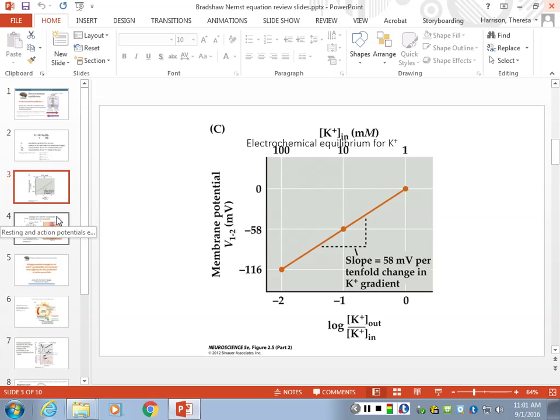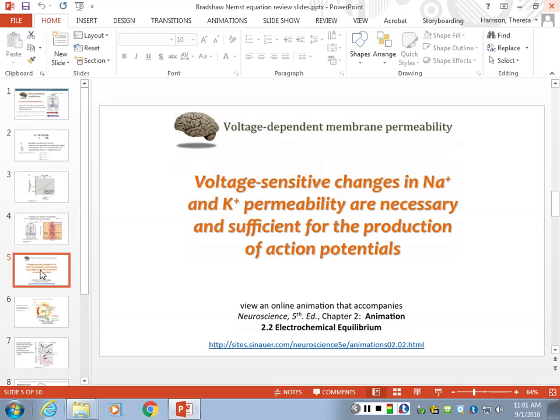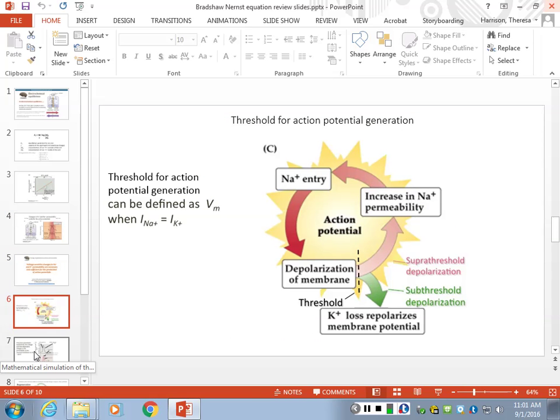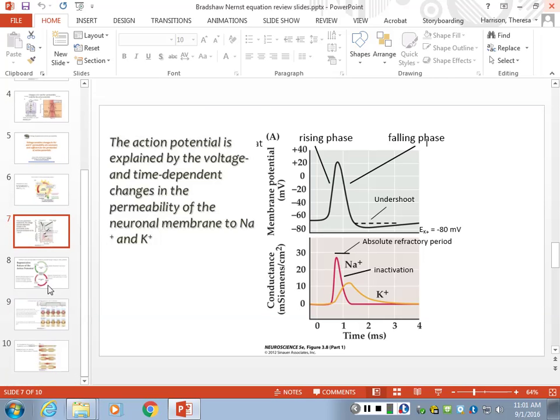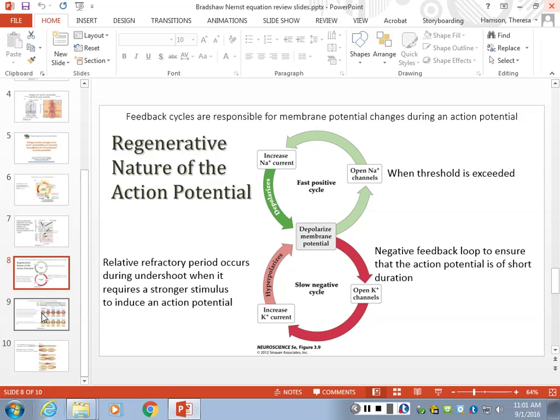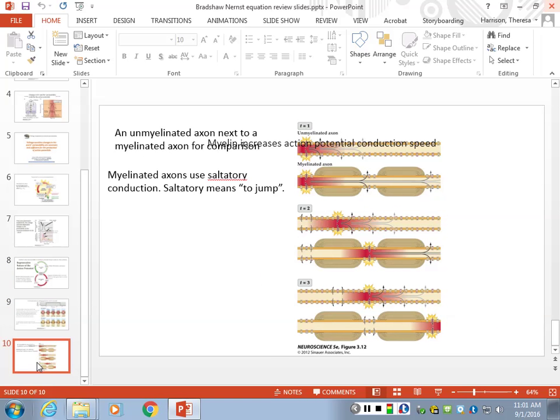And I'm not sure that this helps you all that much, because what it basically says is that these are the slides that have the key information. If you understand this information and how these slides all interrelate in terms of the action potential and resting potential and axon conductance and conduction of the action potential, then you'll be in good shape.